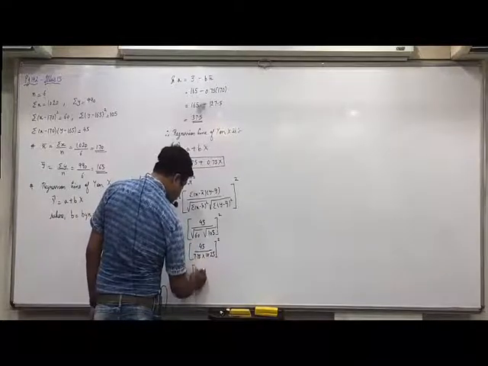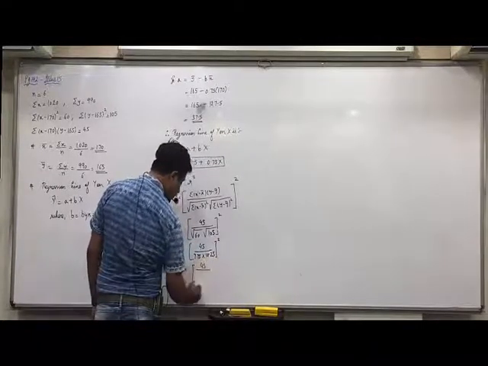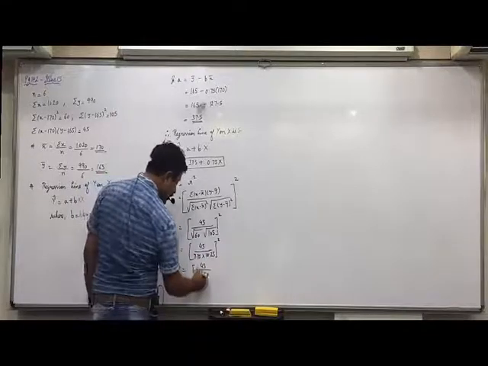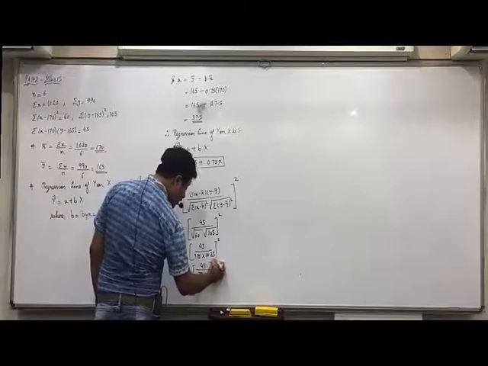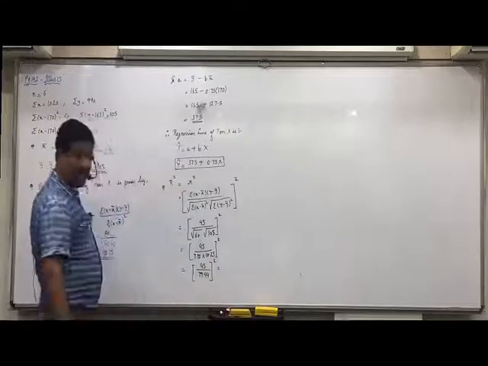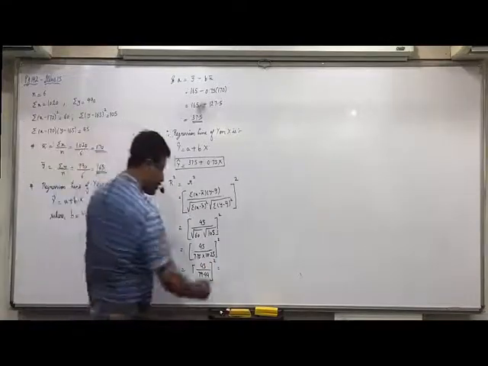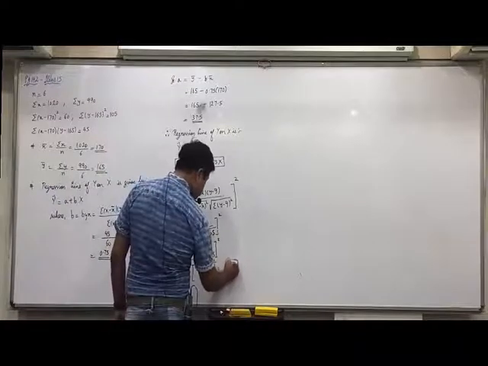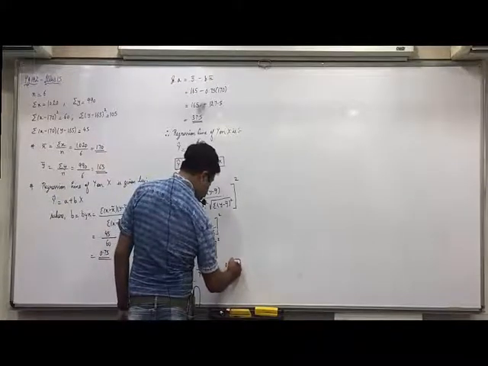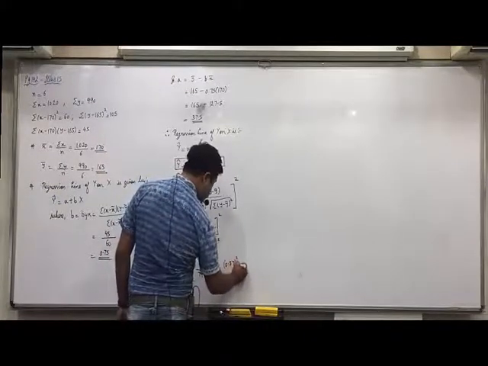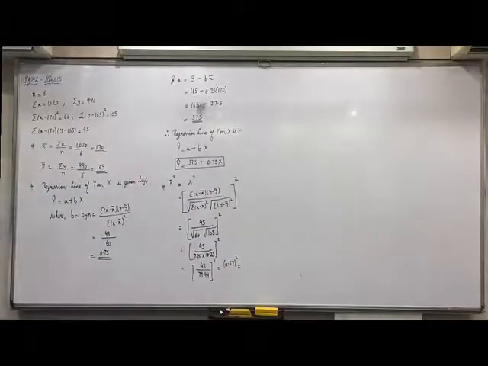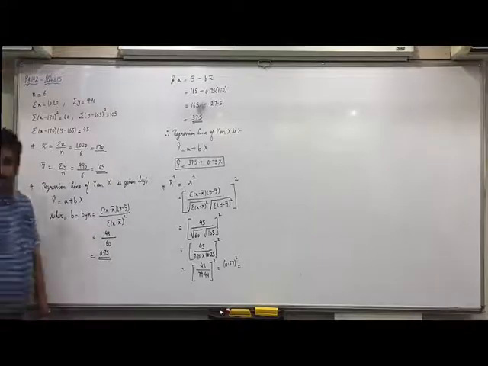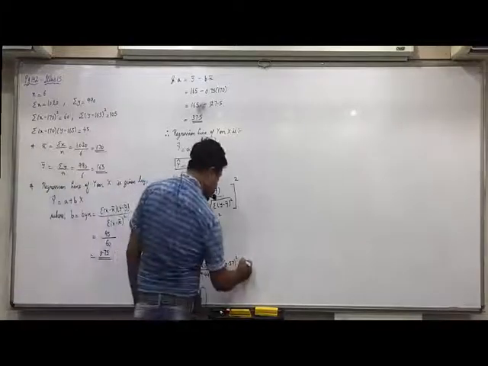So 45 upon 79.44 whole square. What is 45 upon 79.44? 0.57 square. 0.32? So 0.32 only.